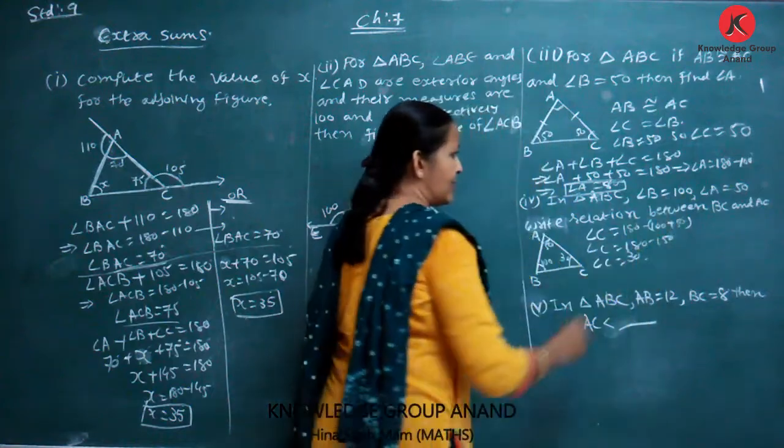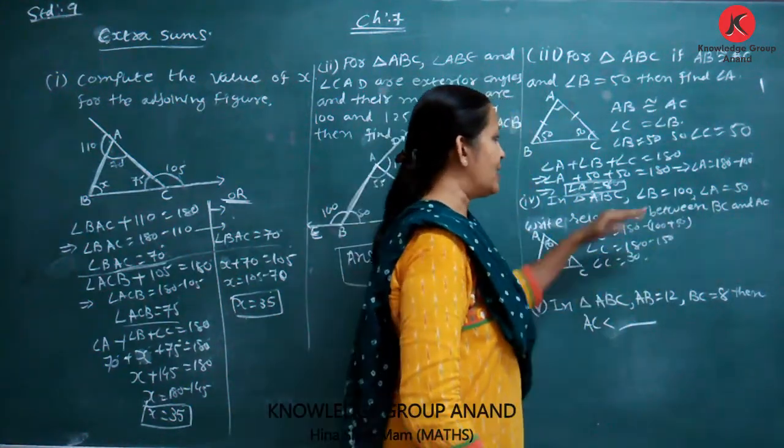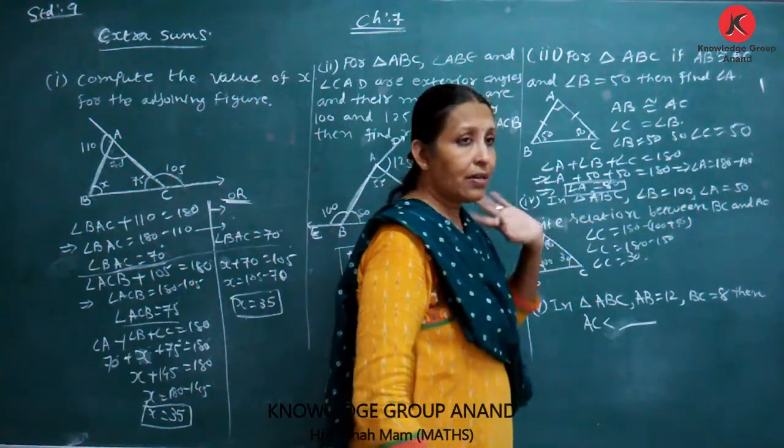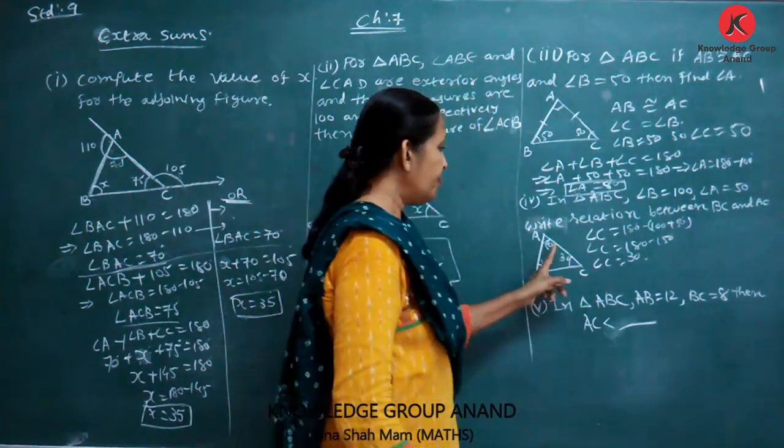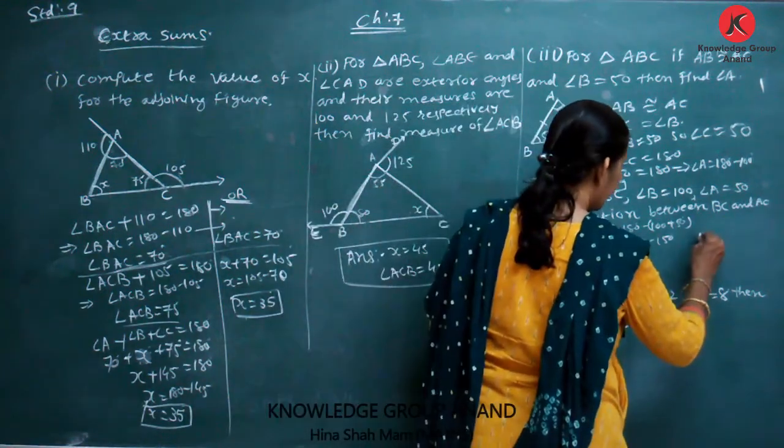It is not necessary to find this. Here we say that for BC and AC, angle B is equal to 100, and the opposite side of angle A is BC.